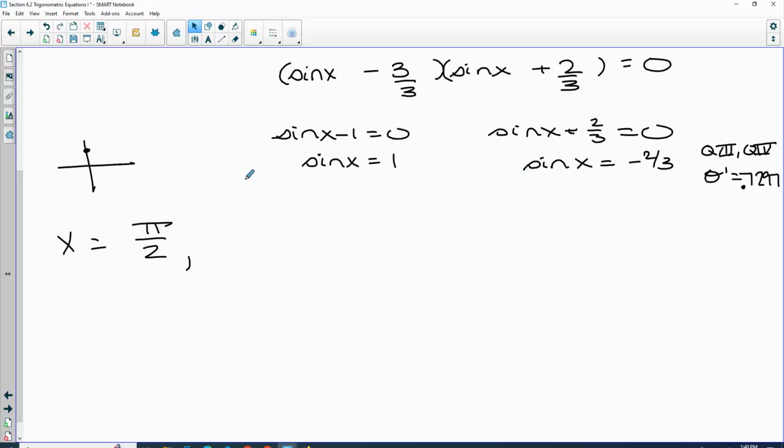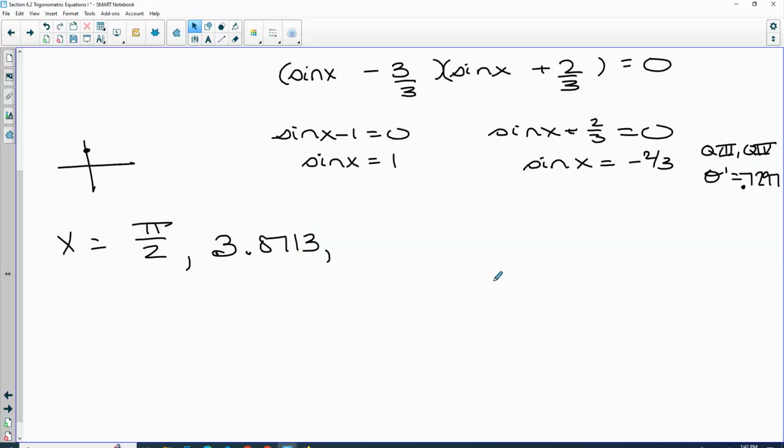So to put that in quadrant 3, you do pi plus that. So if I type in my calculator pi plus 0.7297 gives me 3.8713.